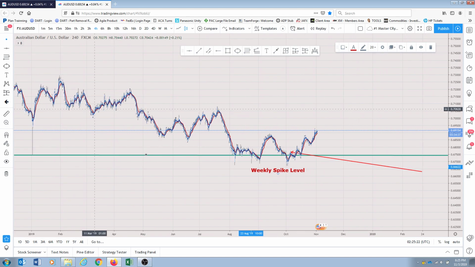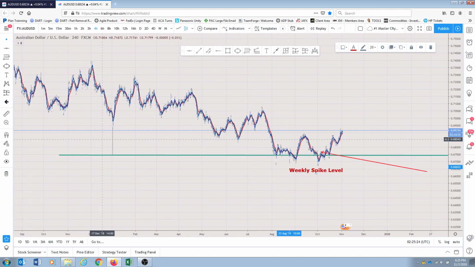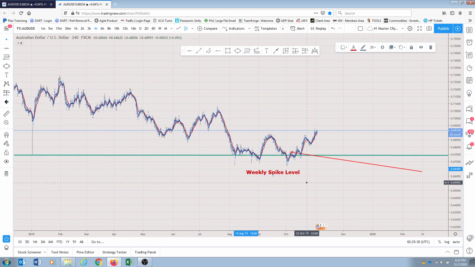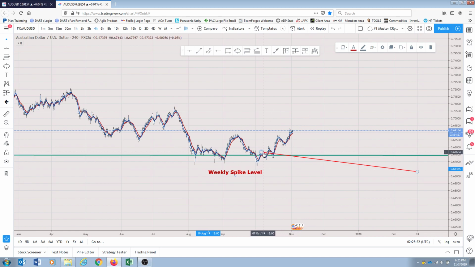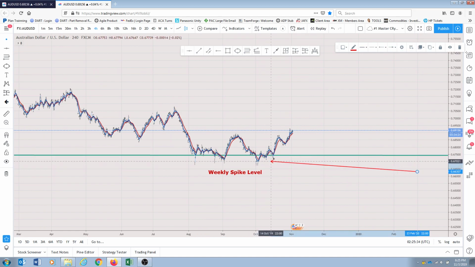Working off the 4-hour time frame, you would have known that, okay, we spiked down here before. We're going to be looking for possible continuation. It could have continued down, but once we saw it pop up and then come back up here, and it found support here and started going up, we should have been buying around here. We should have been buying.